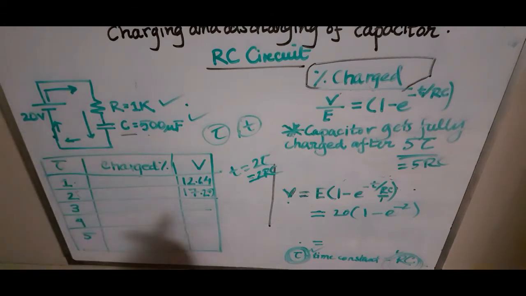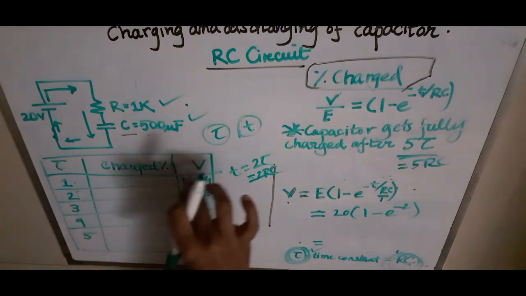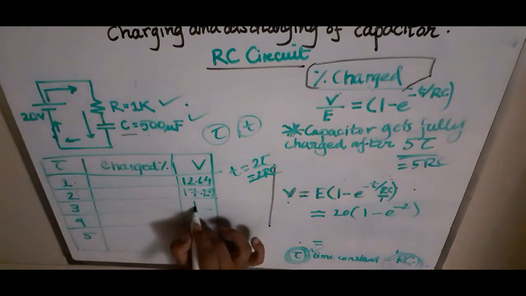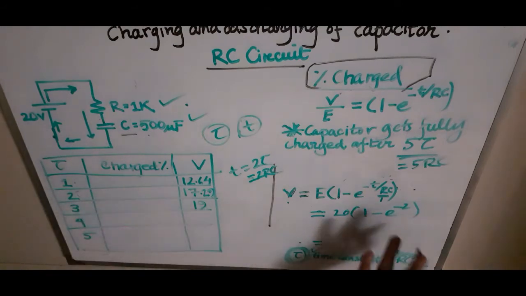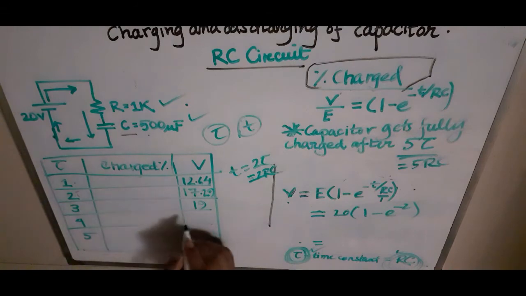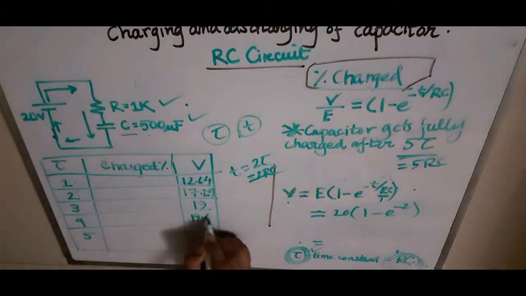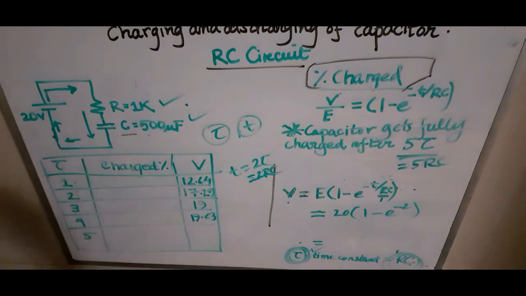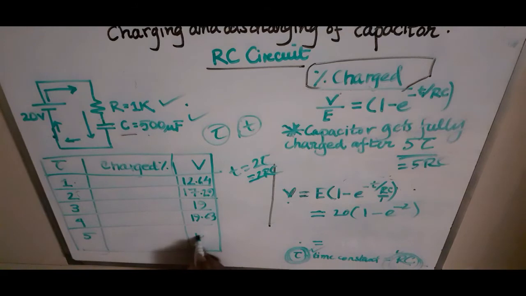After 3 time constant, the voltage that appears across the capacitor is 19. After 4 time constant, if we use the same equation, we will see that the voltage across the capacitor is 19.63. What about this one? The voltage that appears across the capacitor should be 19.86. So this is how it goes.